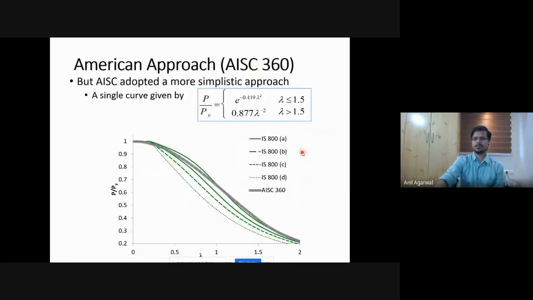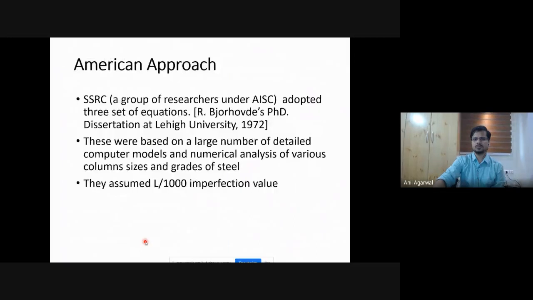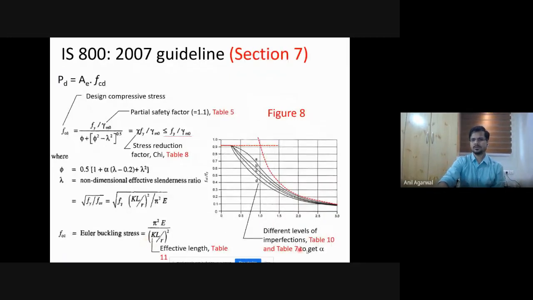Now you come here, lambda of 2 is sitting somewhere here. So at lambda of 2, how much of the cross-section capacity can you utilize? Almost not even 10%, maybe 5%. Right? There are the curves. So at lambda equal to 2. Sorry, my bad.